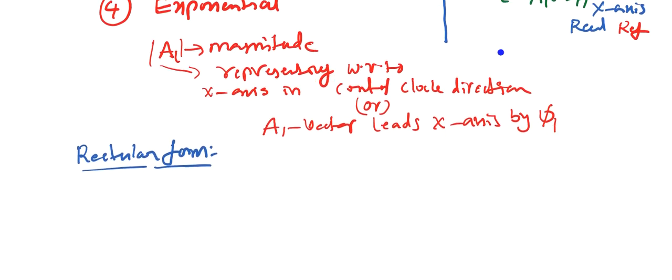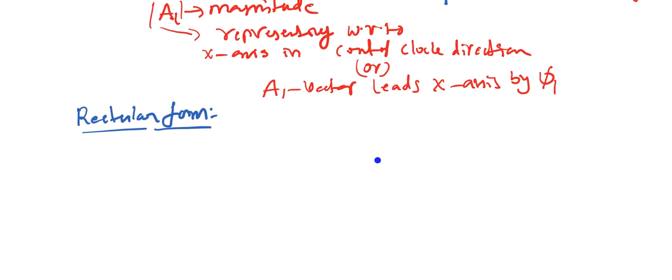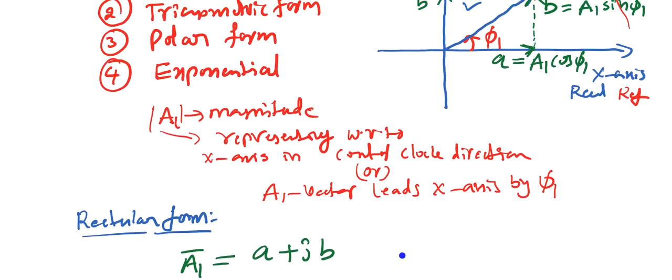So if you come back here, what is meant by the rectangular form, also called a Cartesian form or standard form? If any vector is there, let us consider this is my vector, then this a1 vector can be represented in Cartesian form as a plus jb, where it means a real part and an imaginary part, isn't it?